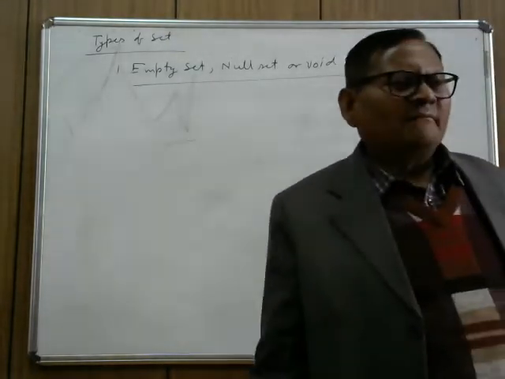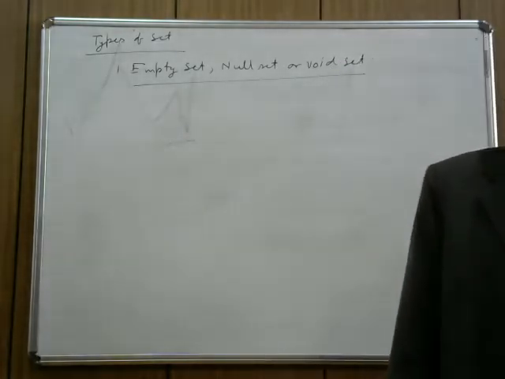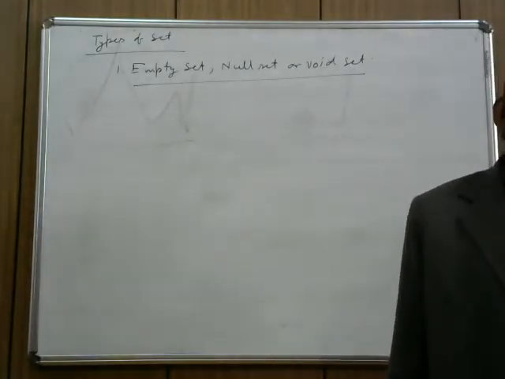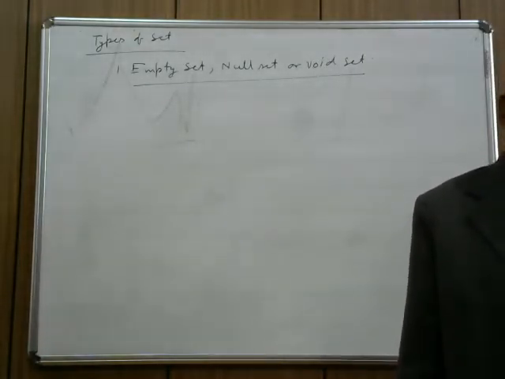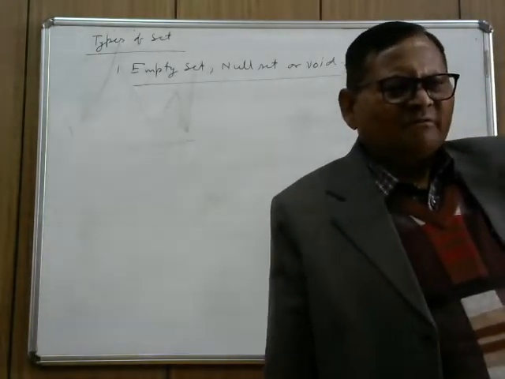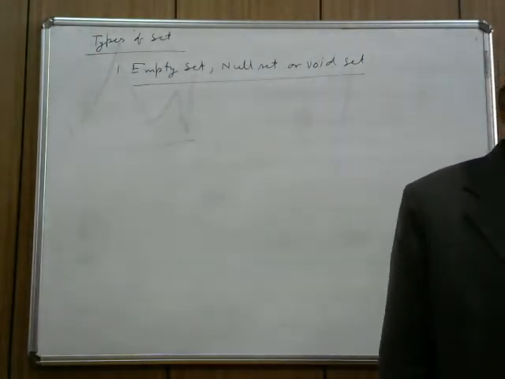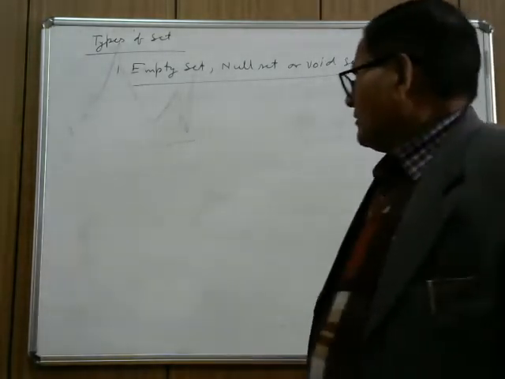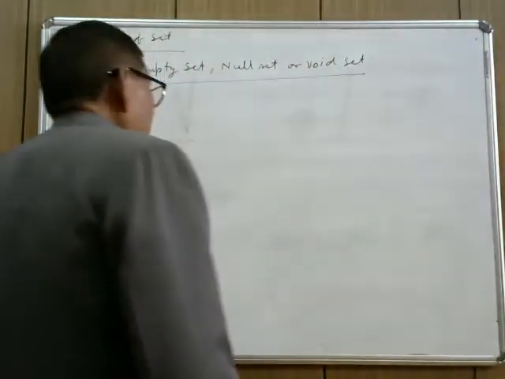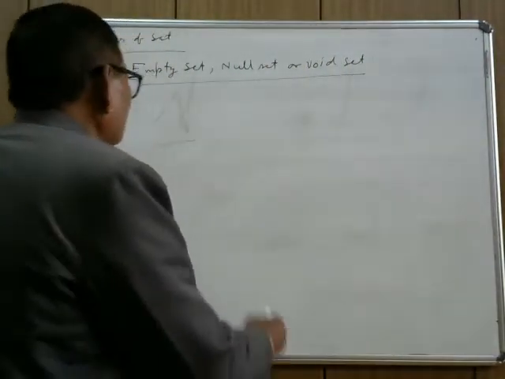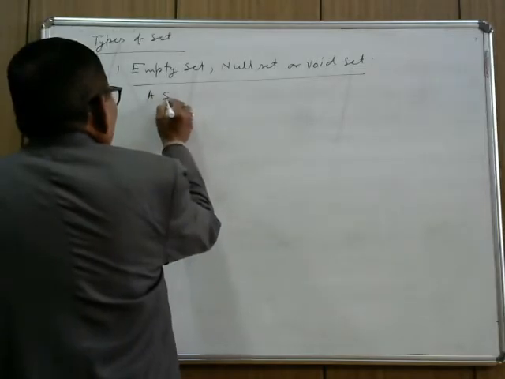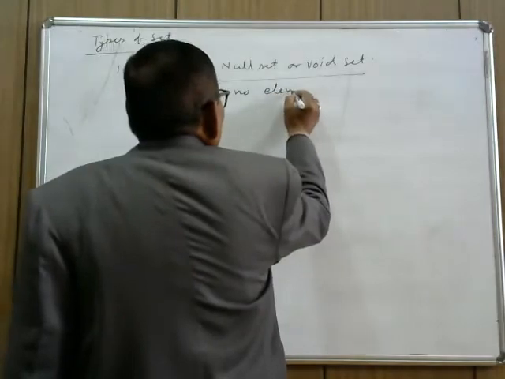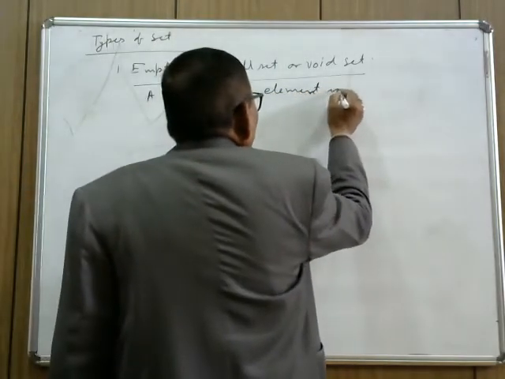If I told you to make a collection of boys whose heights are more than 7 meters, can you find a boy whose height is more than 7 meters? So all these are examples of the empty set. It has no element. A set with no element is an empty set.